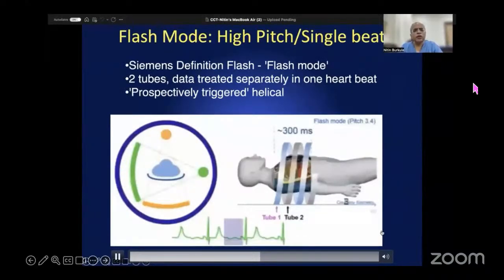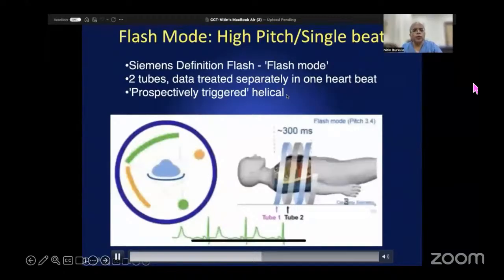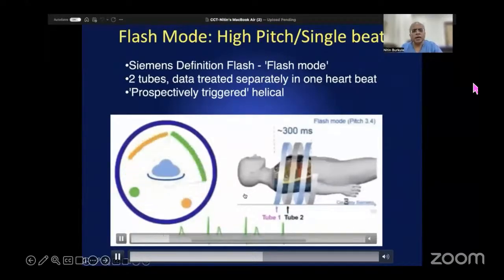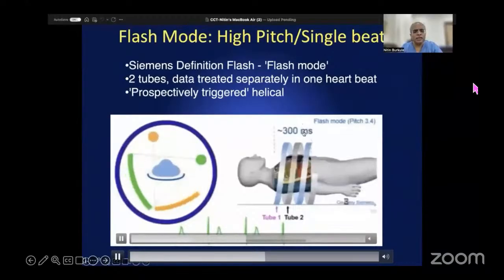The Siemens dual scan, the dual tube mode, has got a way of scanning the heart in just one cardiac cycle, and it is called flash mode. So what it does is that it's a helical scan.